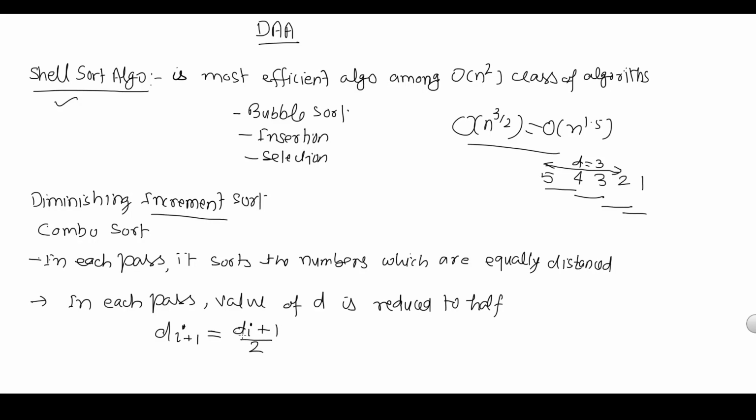Suppose currently d is 3, then for the next pass we will calculate (3+1) by 2, that is 2. This will be the distance for the next pass.